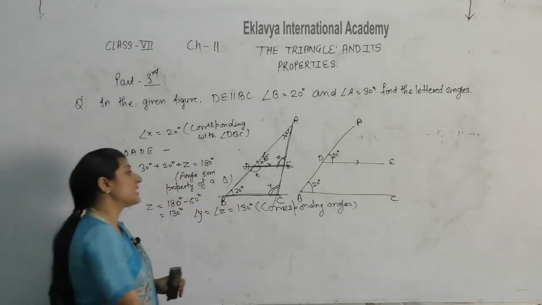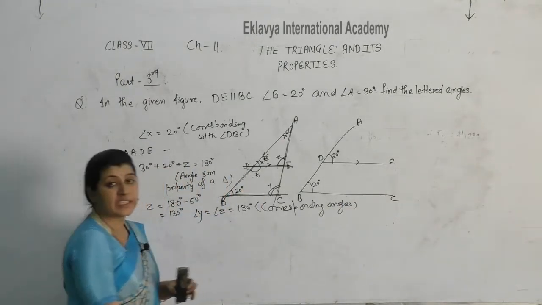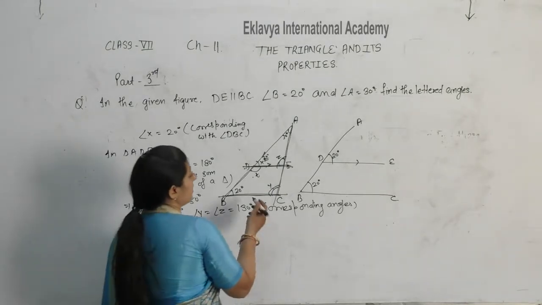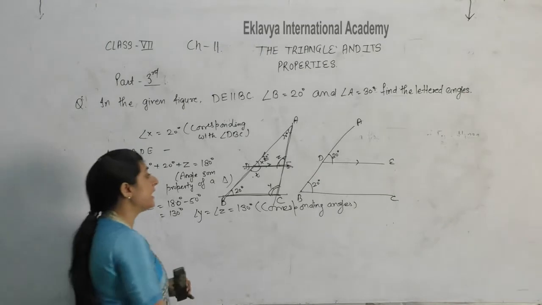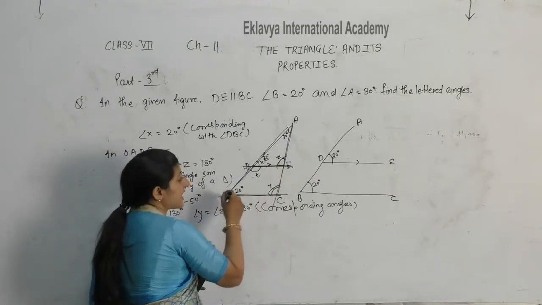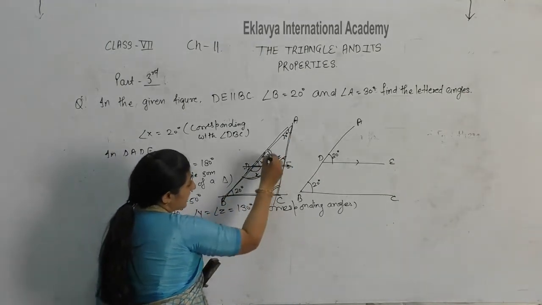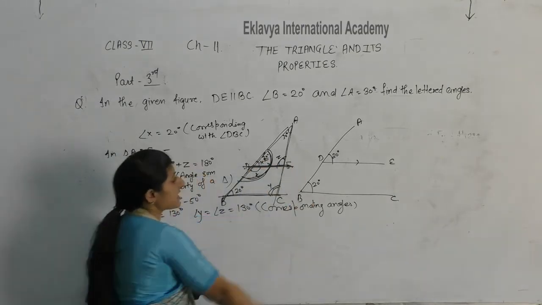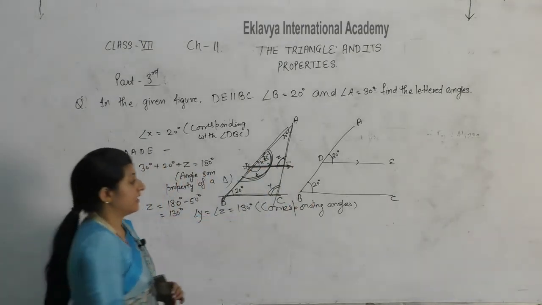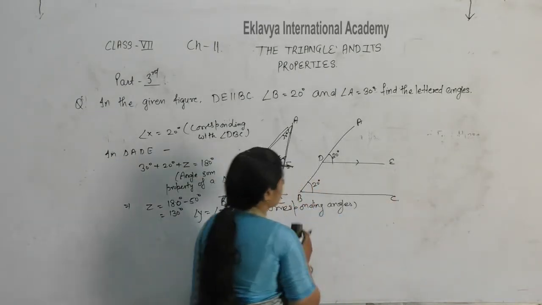Now remaining is T. How to find out the T angle? T angle, this is not a triangle, so we can't find it by the triangle property. But see, in this line, if I take this one, this is a part of this T, then a ray stands on it.